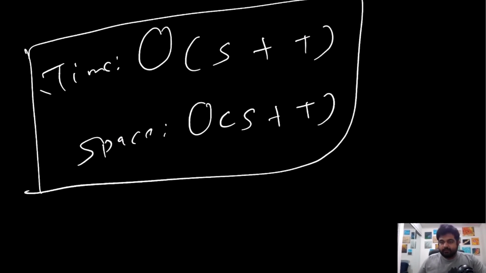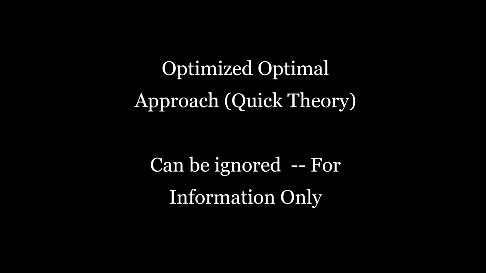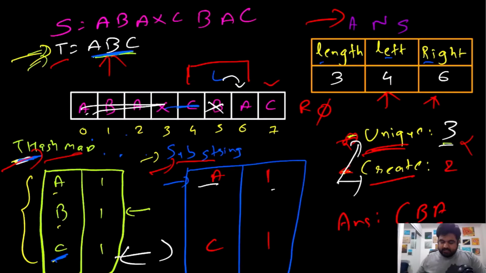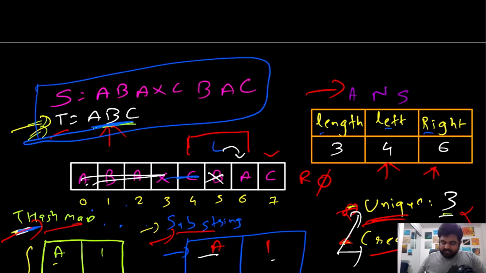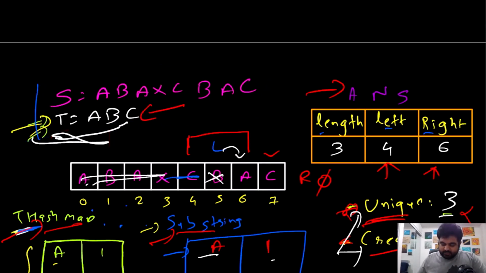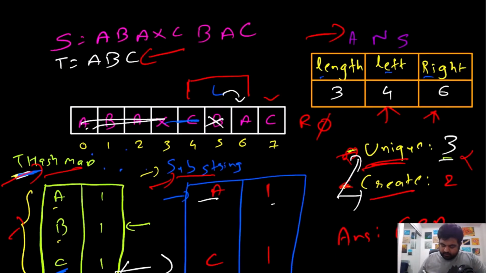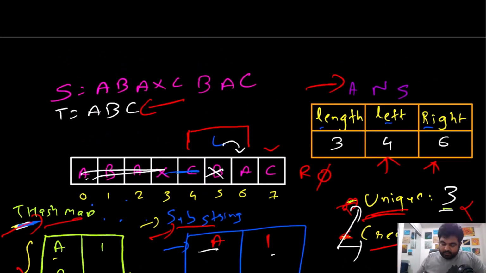Now there is one more approach to solve this problem, that whatever the input that is already given, first of all, we create the same hash map for this element T, which means that we use the same hash map that I have drawn over here to compare all the values of T. But for this value S, remember that we only need to find the substring of characters that are present in T. So if that is the requirement, why do we even bother checking this element X or any other element that is not one of these values?